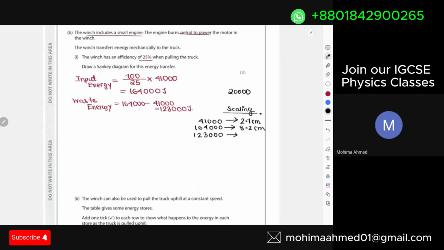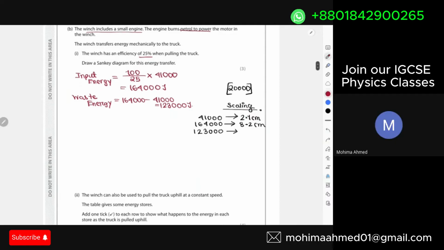Over here, I actually do not have any specific fixed value. I can take any random number and then divide. But I have to make sure that I'm dividing all the data with the same number. And then again, I will try to make sure that the lengths are quite moderate. For example, over here in your exam paper, you will have much space to fit in 8 centimeters and 2 centimeters. So these are quite even lengths that you can actually measure or fit in this space.